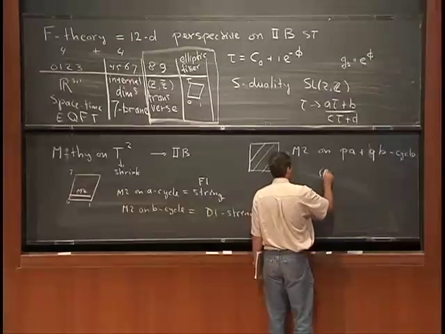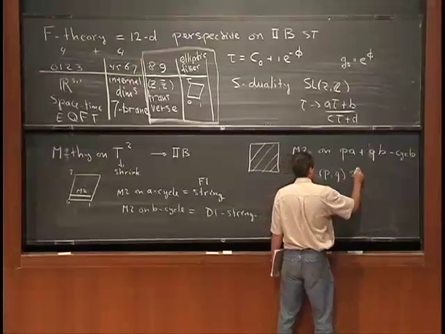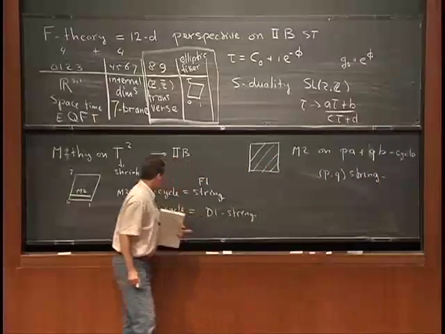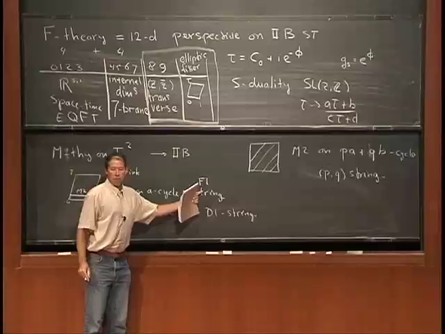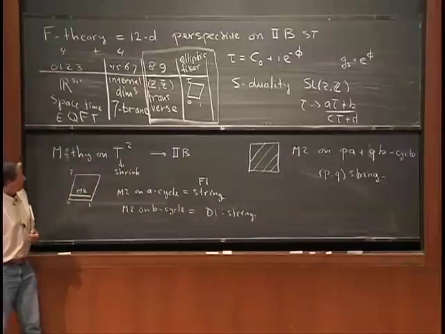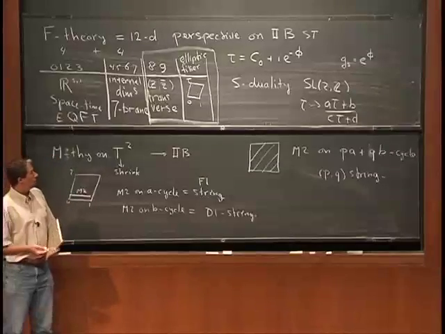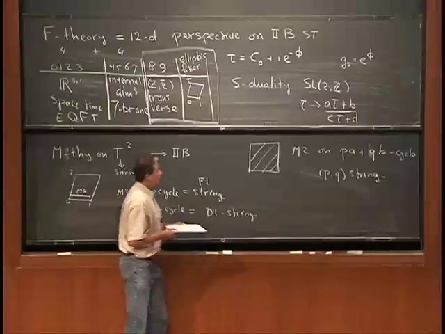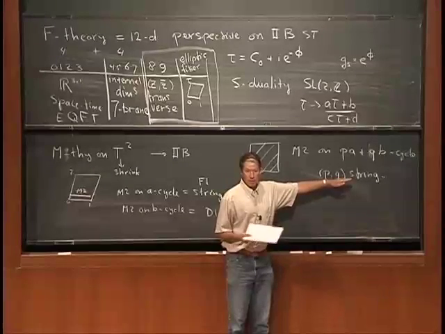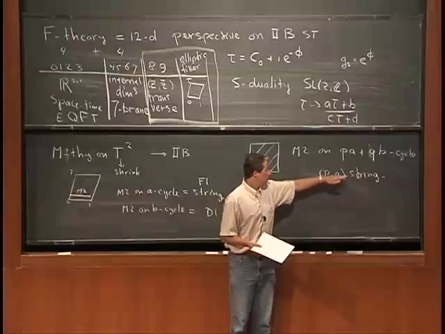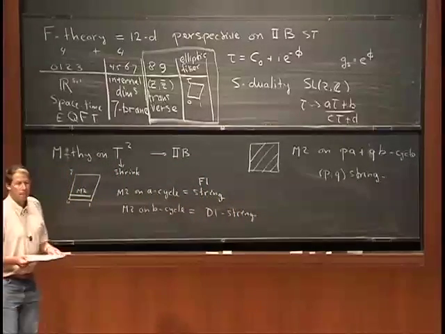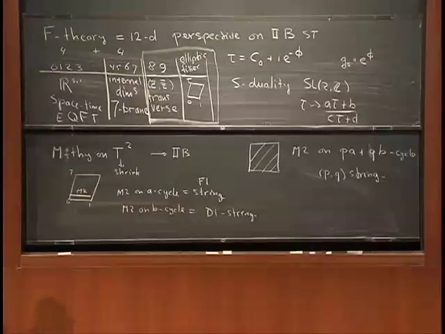And this becomes what we call a (p,q) string, which, if you like, you can think of as being a bound state of p fundamental strings with q D1 strings. And these things will actually play a role in F-theory in the constructions that we're talking about, where sometimes one of these objects becomes light, and those things will then represent gauge bosons, actually. So that's the thing we should anticipate.